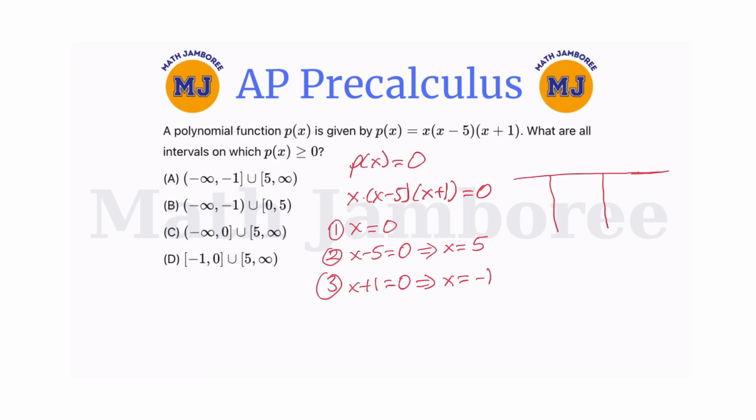From left to right, negative 1 comes first on the number line, 0 comes next, and then we have 5. Let's start from left to right, using simple numbers to make it easy.